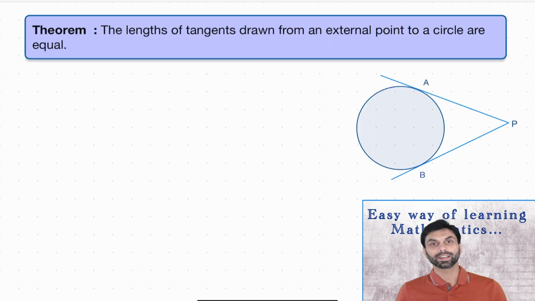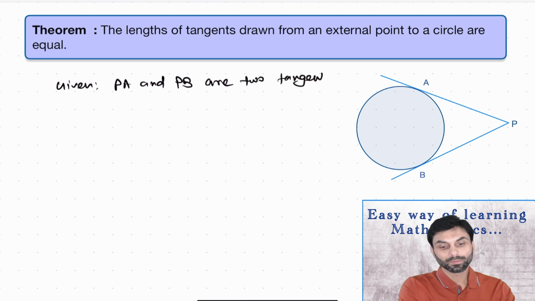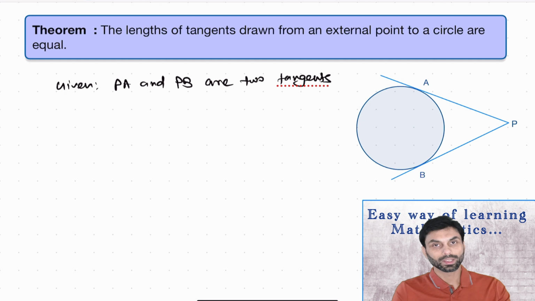Let's talk about the next, where we'll be talking about the theorem. The theorem says that the length of tangents drawn from the exterior point of a circle are equal. So in this case, it is given that PA and PB are two tangents.